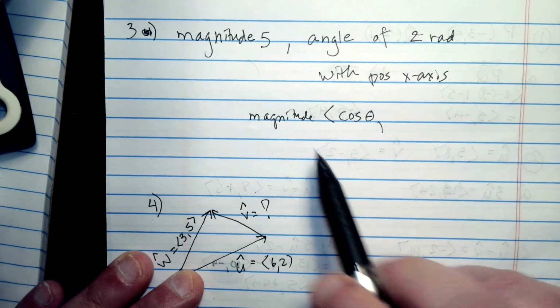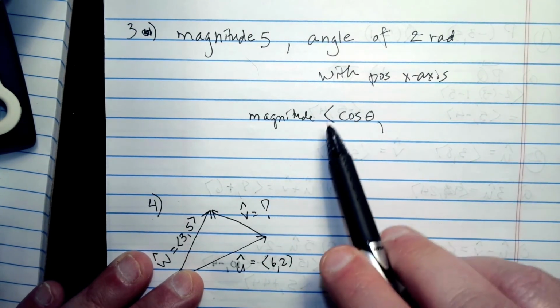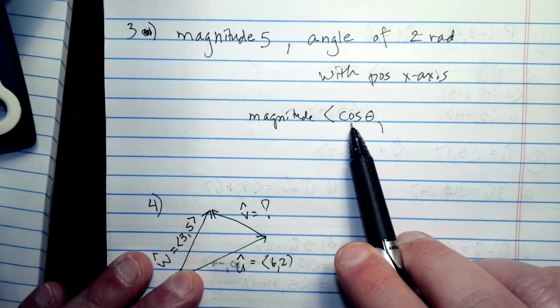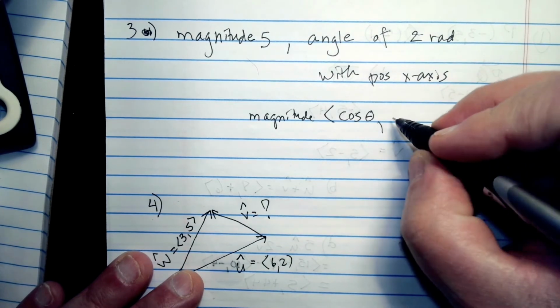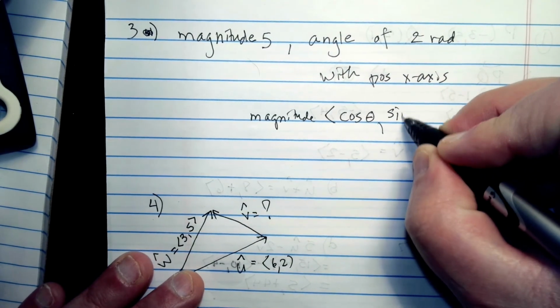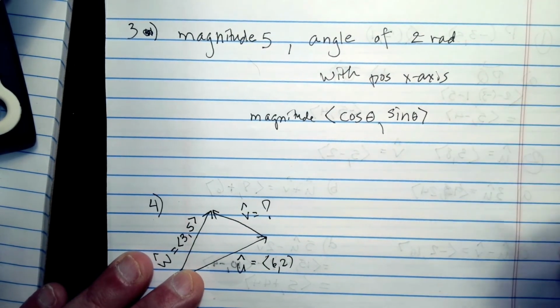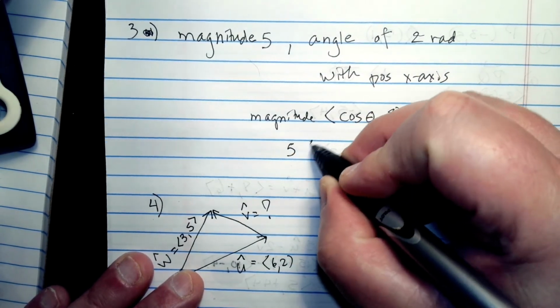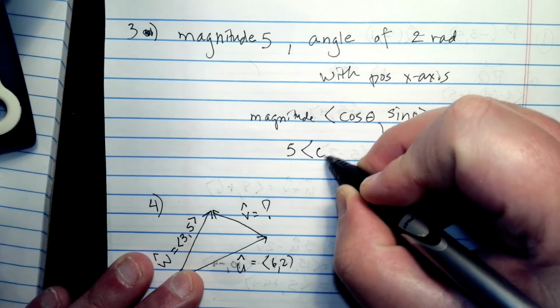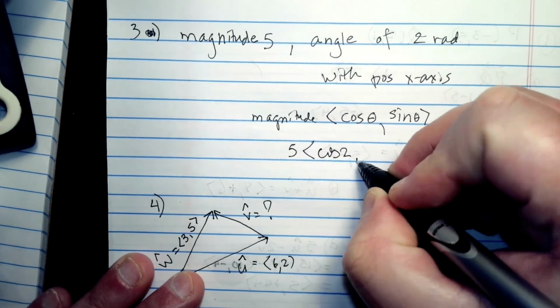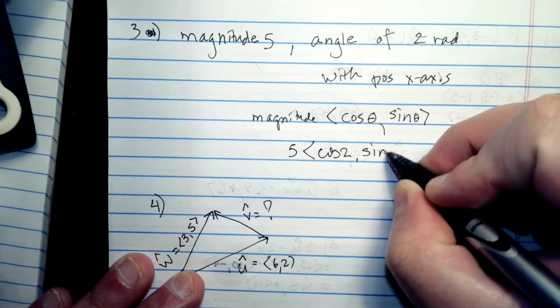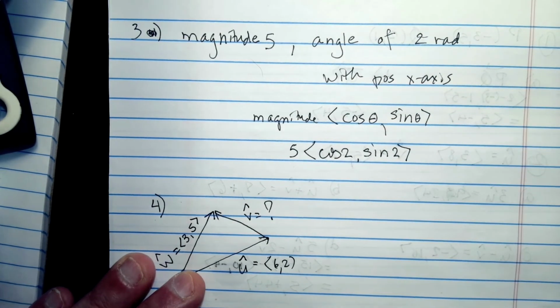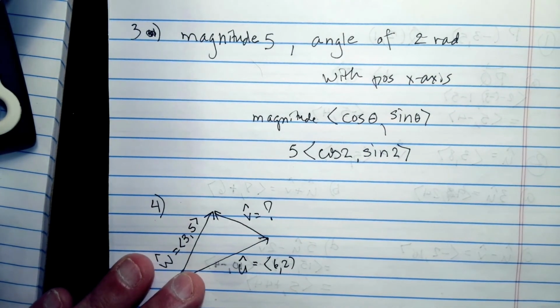The formula is the magnitude times a vector where the x component is the cosine of theta and the y component is the sine of theta. So in this case what we'll have is 5 times cosine of 2, sine of 2. And if you want a decimal approximation, make sure your calculator is in radian mode.